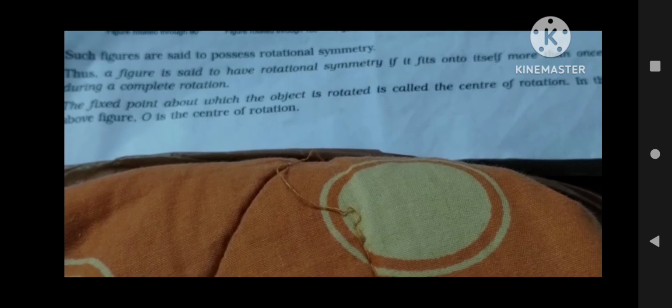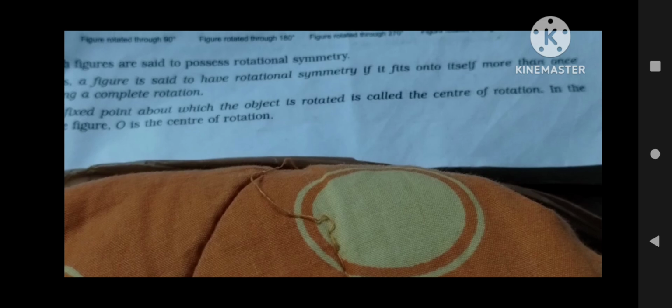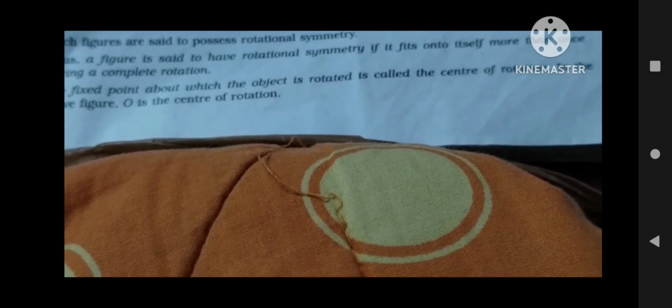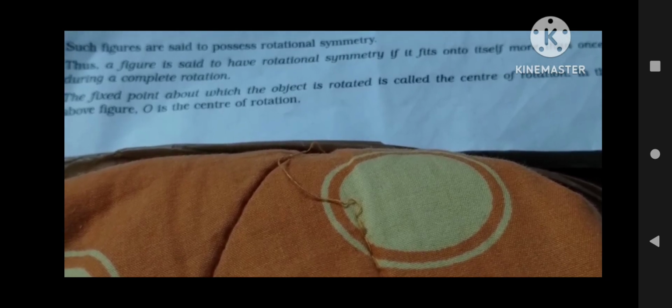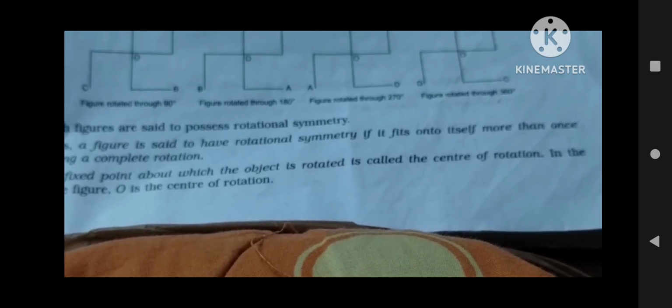Thus, a figure is said to have rotational symmetry if it fits onto itself more than once during a complete rotation. The fixed point about which the object is rotated is called the center of rotation. In the above figure, O is the center of rotation.